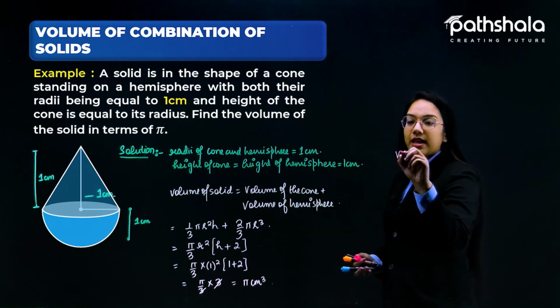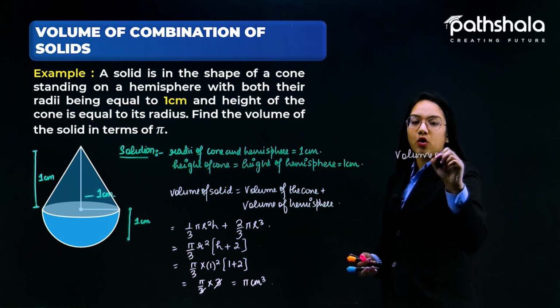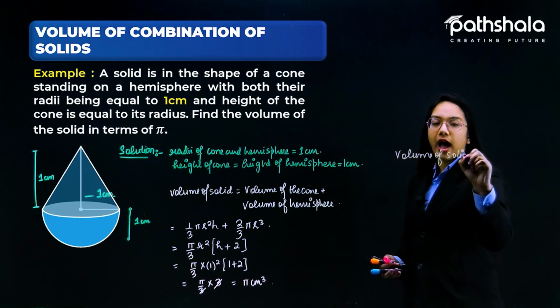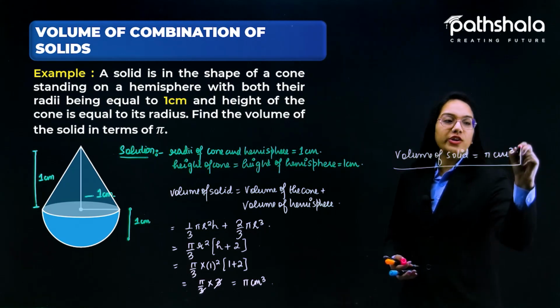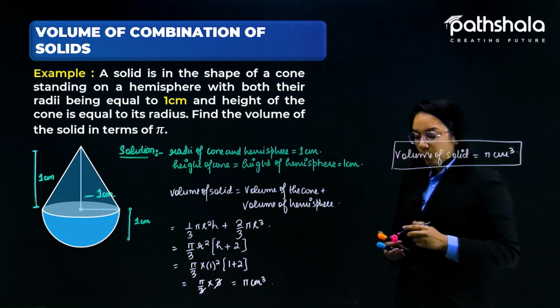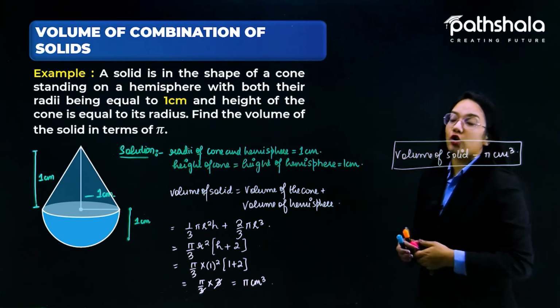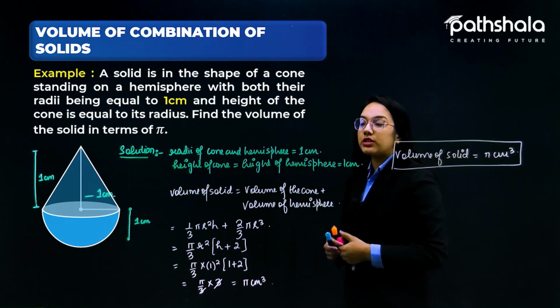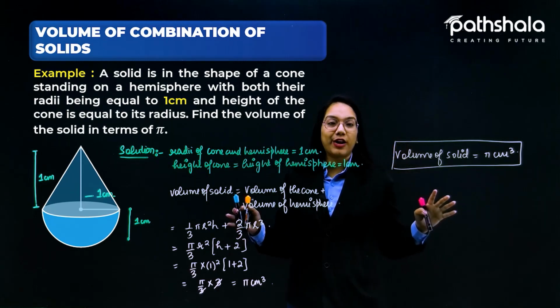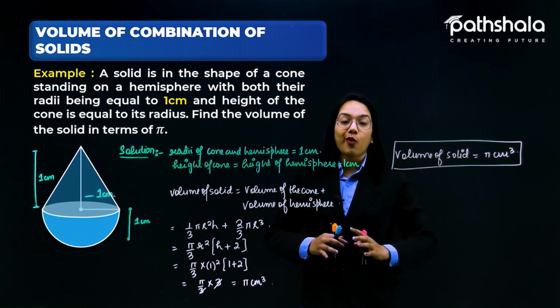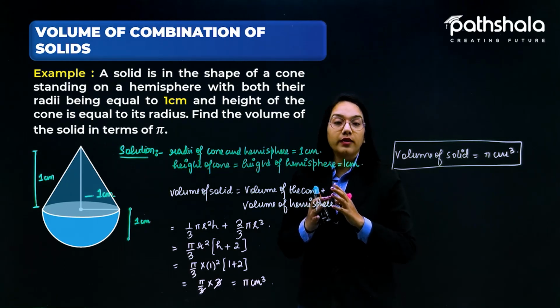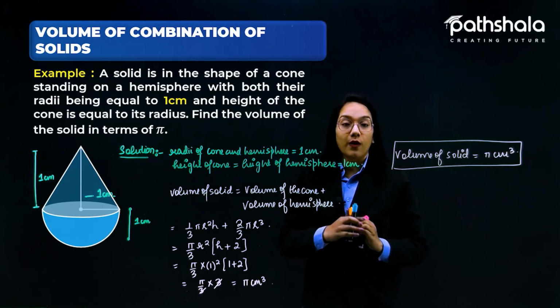So the volume of the solid that we have is pi centimeter cube, which is the volume of the combination of the solids. This is how we can find the volume of the combinations of solids. I hope all the steps related to this example are clear to you.